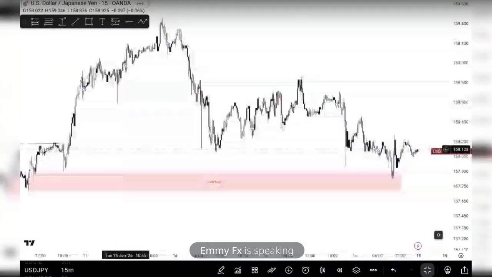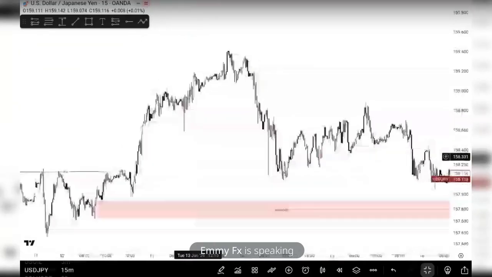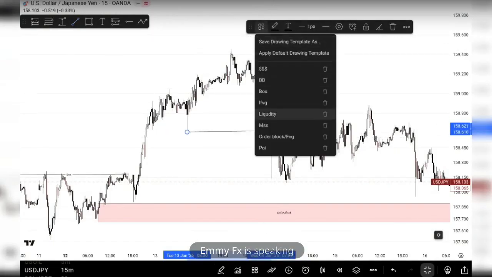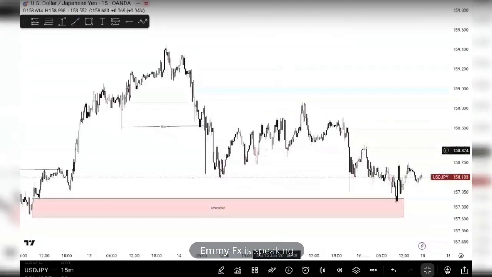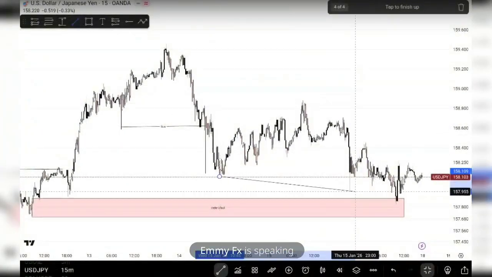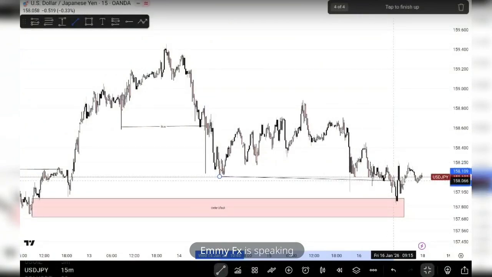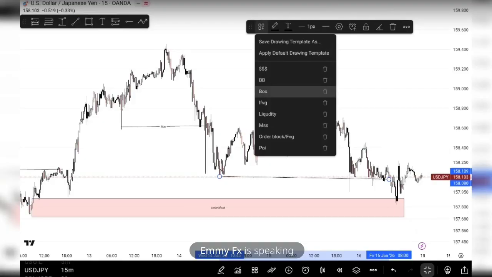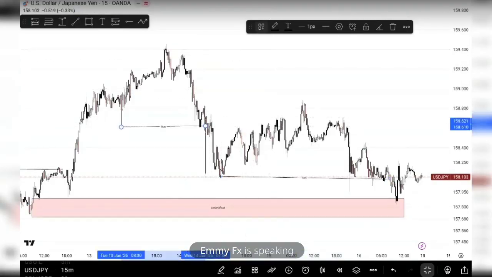But before the move, we have this market structure shift to the downside, or let me just say a breakout of structure to the downside. Let's just leave it as market structure shift.